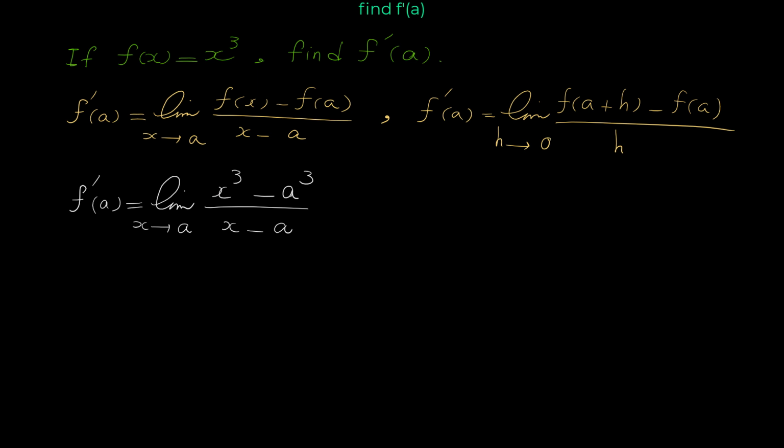But later, I will show you a way that you can factor out the numerator without knowing any identity at all. But of course, if you know the difference of cubes identity, you can factor out the numerator easier.